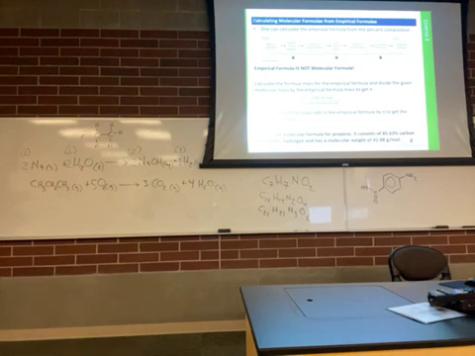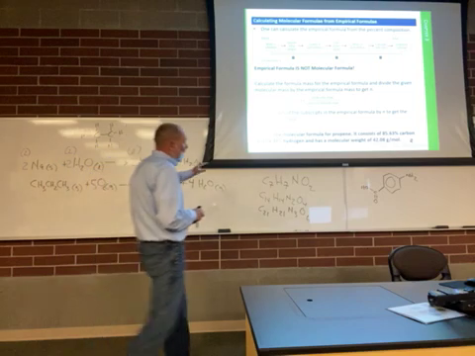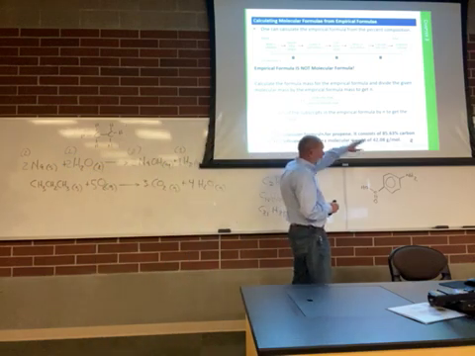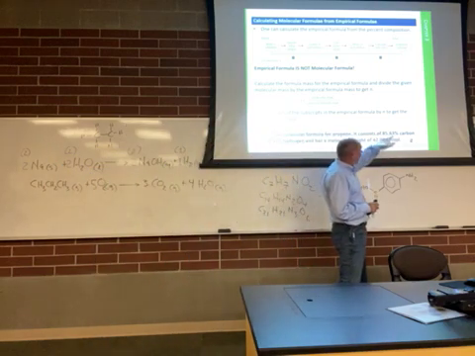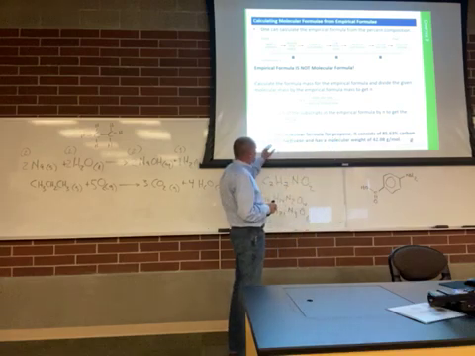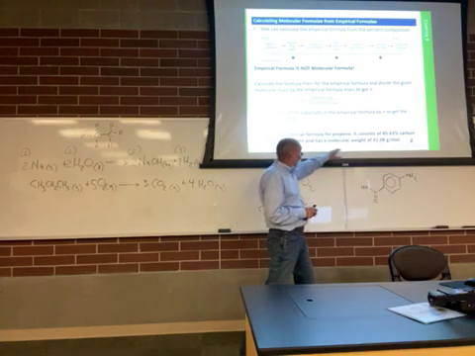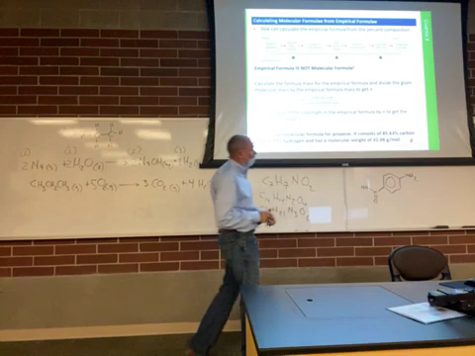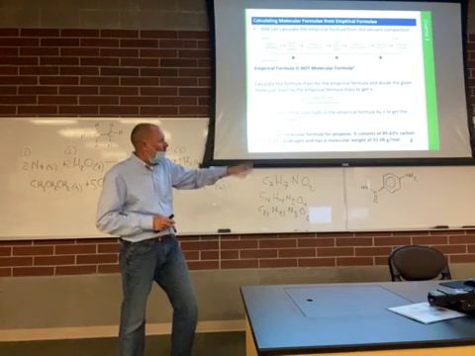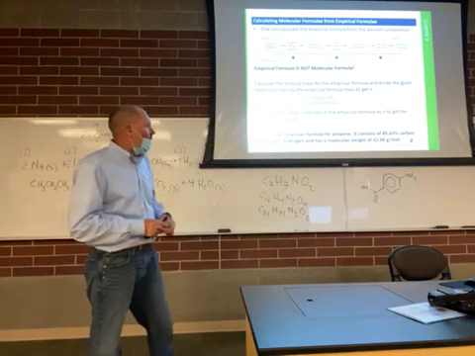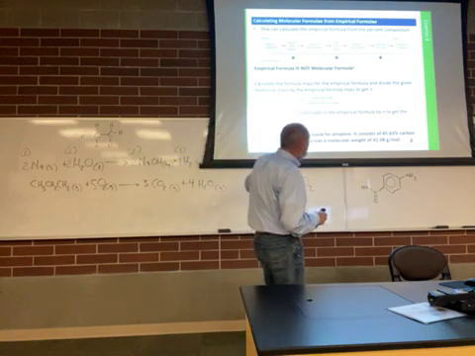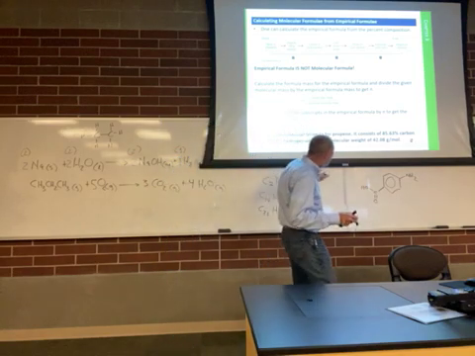So let me walk you through this a little bit, and then we'll jump into our worksheet. So let's say we have something that has a molecular formula. Again, propene is right there: 85.63% carbon, 14.3% hydrogen, and 42.08, well, that's a typo. Sorry.